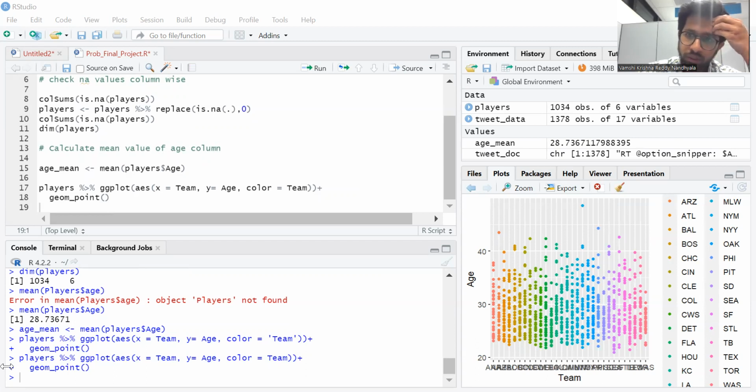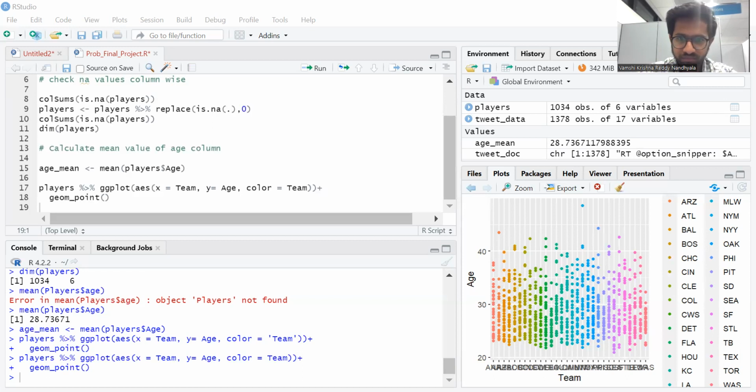Not few, it's significant, but very few players are more than 40 years old. So in this specific team WAS, there are no players who are more than 40, and there are also very few players between the age 30 and 40. This is quite interesting. I think this team has more chances of future winnings, I guess. I don't know about their winnings, but still, as there are many young people, this is going to be the key team in future, I guess.